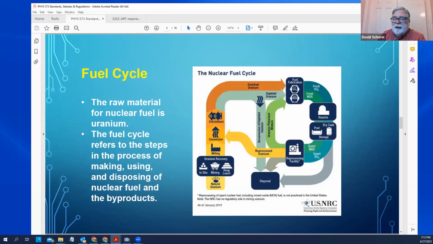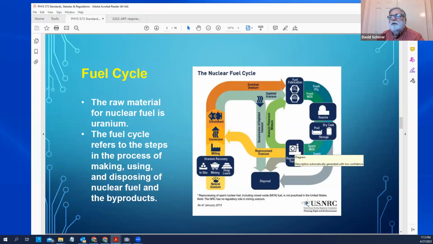They have to be stored in dry casks because in the United States we have no central repository for these. So all of the fuel that's ever been produced is either on the power plant site or at a commercial fuel storage location. We do not reprocess fuel in the United States. That may happen for military applications, where the fuel has most of the uranium that it started off with still in it.